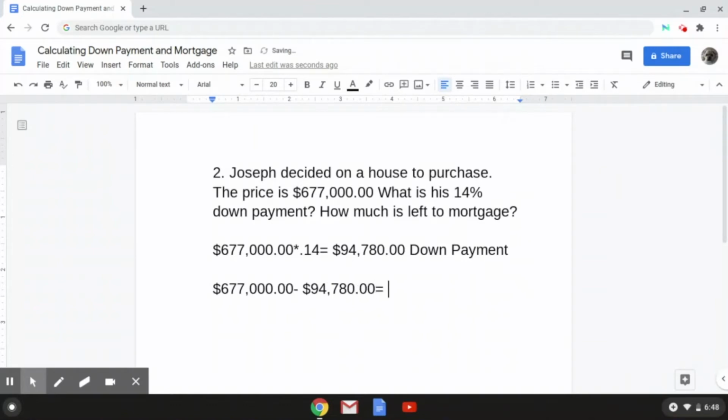This will give us our new mortgage amount of $582,220. So the new down payment amount is $94,780, and the new mortgage amount is $582,220. That is how to solve this problem. So let's move on to the next one.